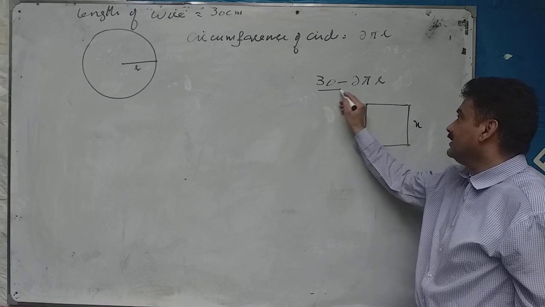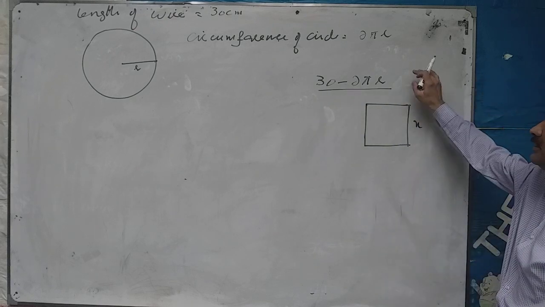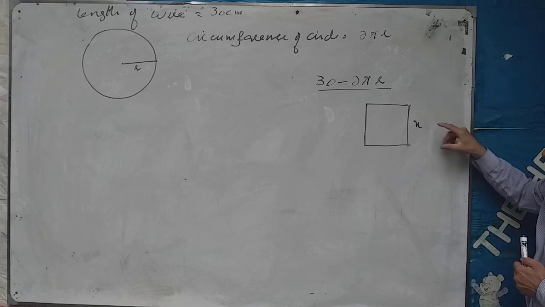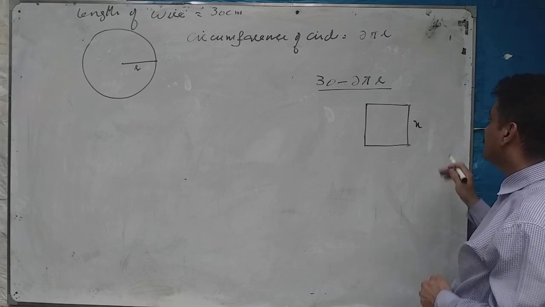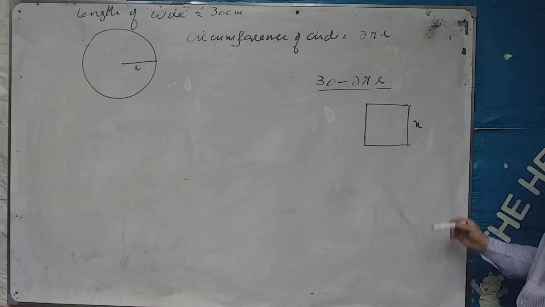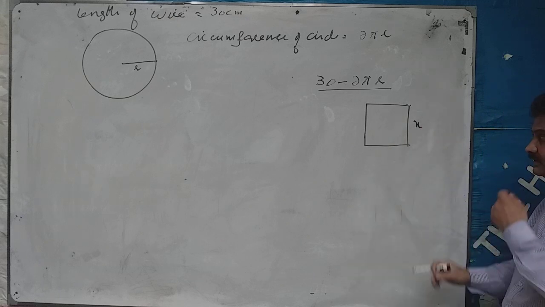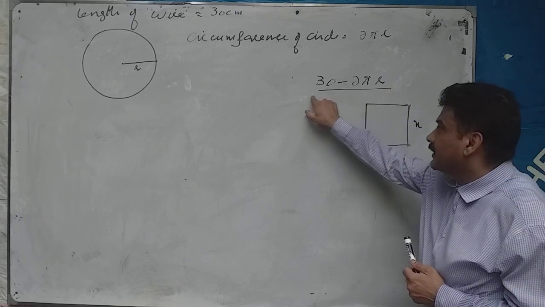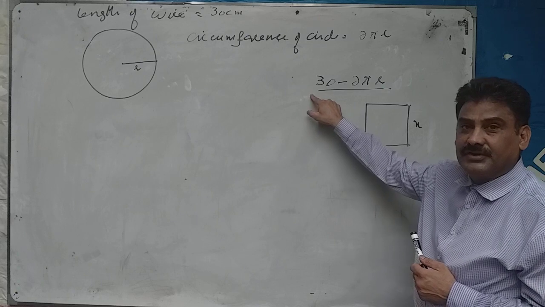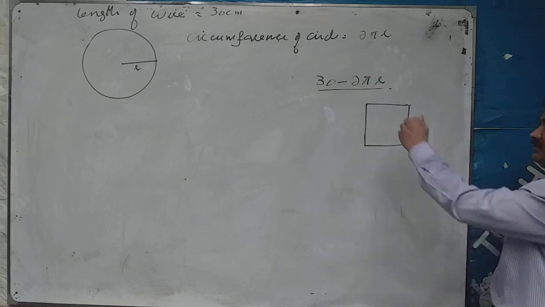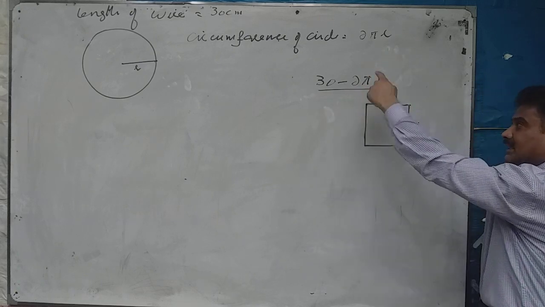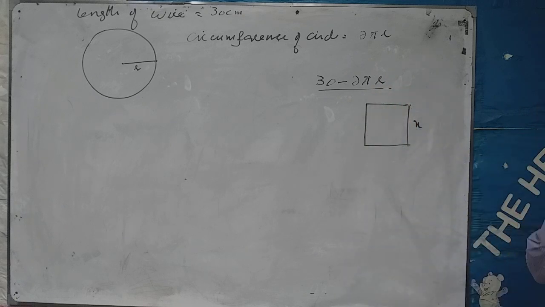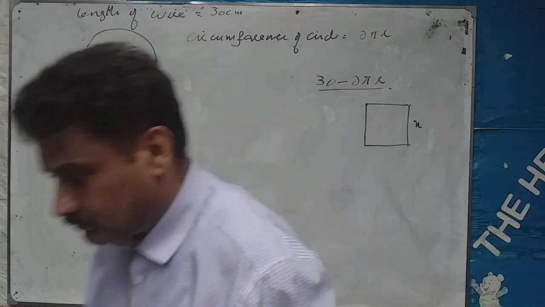This is the length of the second part of wire, and we want to make a square by this part. We know that the perimeter of a square is equal to 4 multiplied by one side. This length would be the total perimeter of the square.